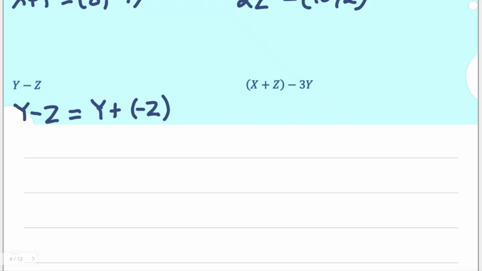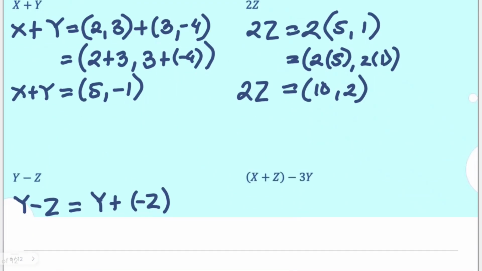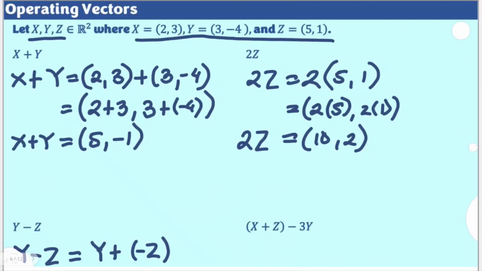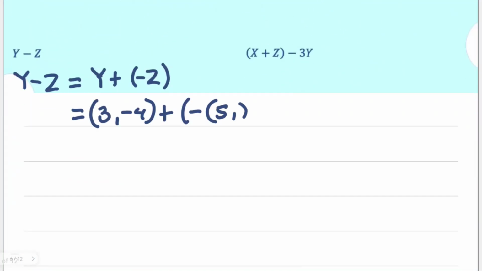But nevertheless, subtraction is the reverse operation of addition. And if you stick with this, it's still okay. I'm going to show you the other process later. So for y, you will have here 3 and negative 4, plus the negative of your vector z, which is 5 and 1. Take note, you have here negative 1.